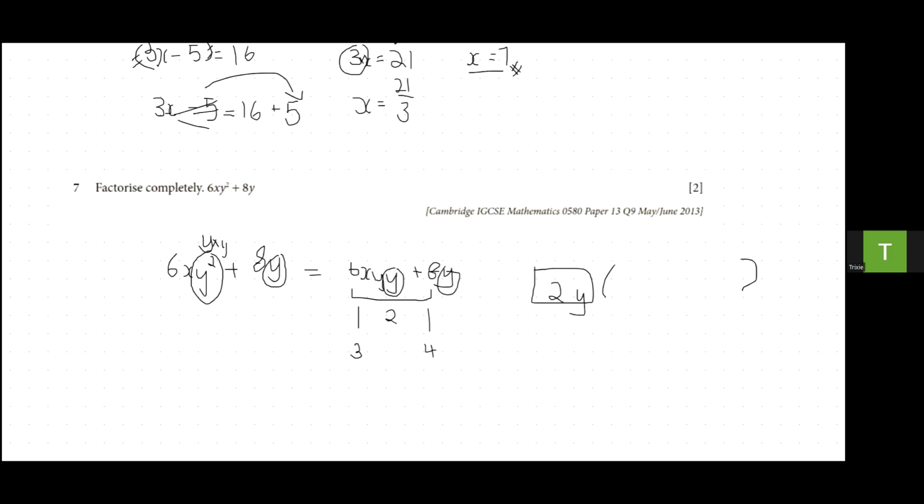So 2y. Then 6xy squared divided by 2y, you will get 6 divided by 2 is 3. x could not be divided, so it remains. That's y squared, y power of 2, divided by 1y, so equals y.